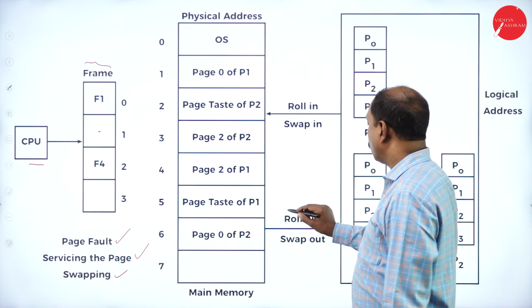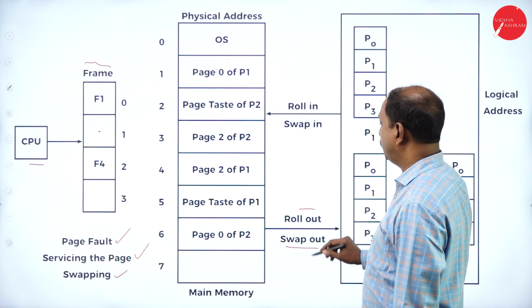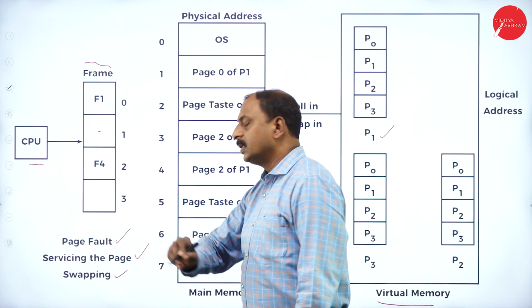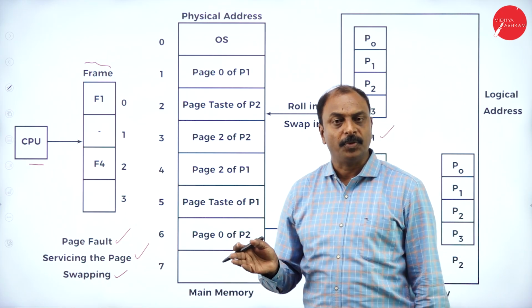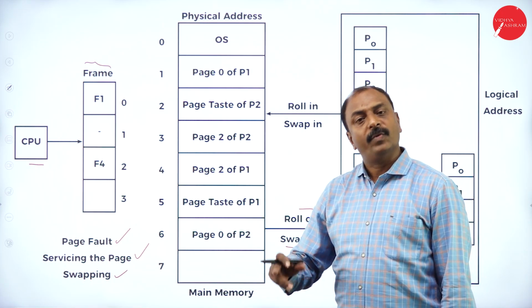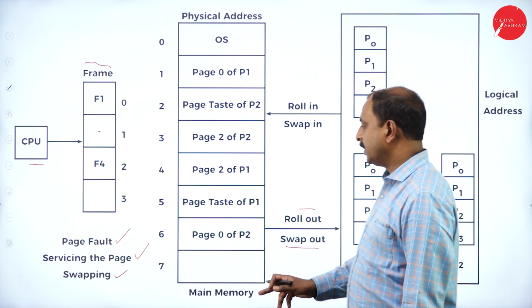That is called roll out or swap out. So what is the concept of swapping? Moving pages from secondary memory into the main memory and vice versa for processing is called swapping.